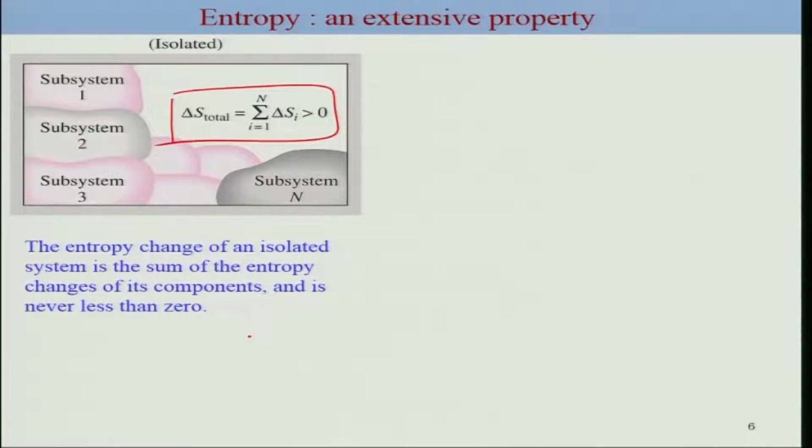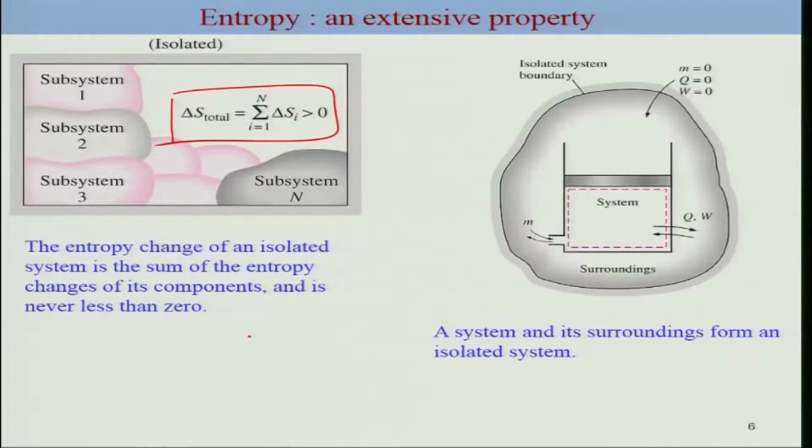Now this analogy can be taken to system plus surrounding conditions, where you can isolate this system plus surrounding, which essentially means that there is no change in mass, heat and work transfer, though there will be exchange of mass, heat and work between the surrounding and system, but overall when we consider surrounding and system, we can consider that to be an isolated system boundary.